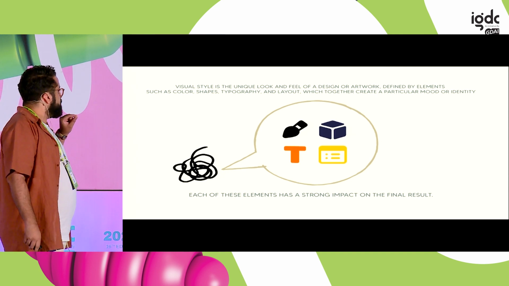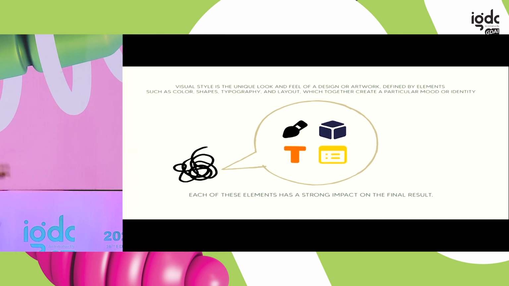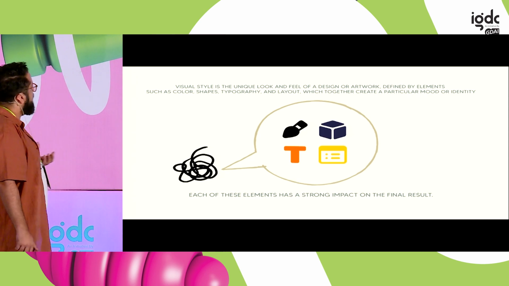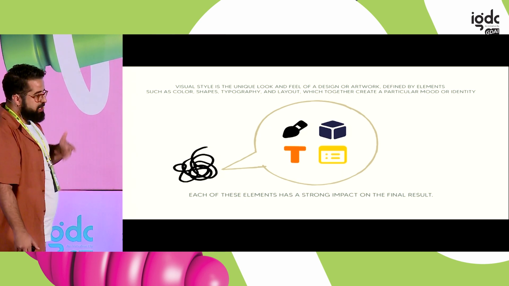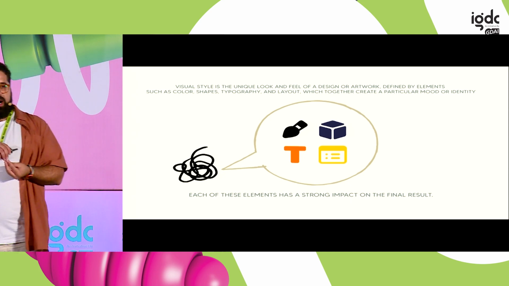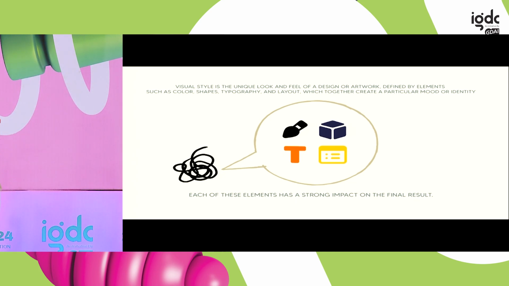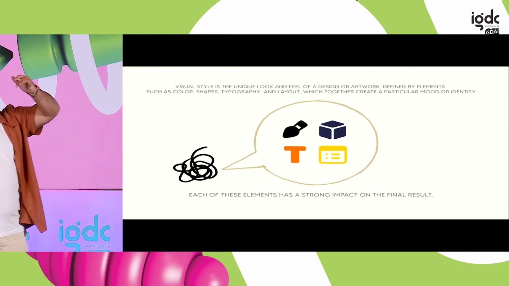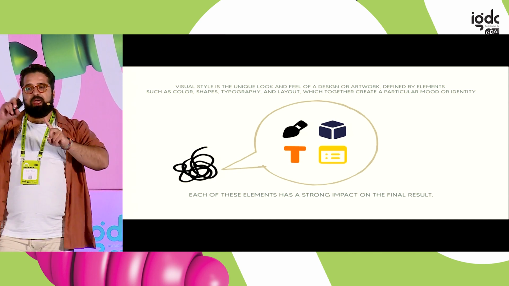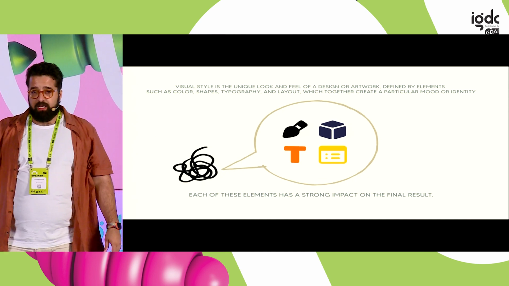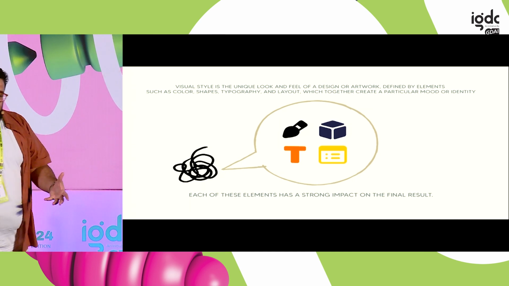So you have the shapes, the way you draw something. You have colors, you have typography, you have layout. All of that is part of this process of defining a visual style. Each of these elements is an ingredient that, depending on how you mix or change it, will give you a totally different recipe. Okay?